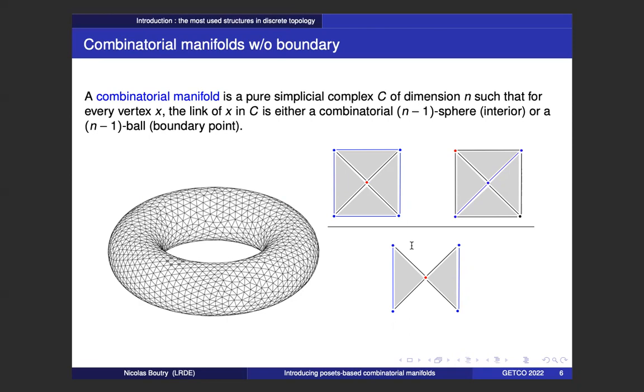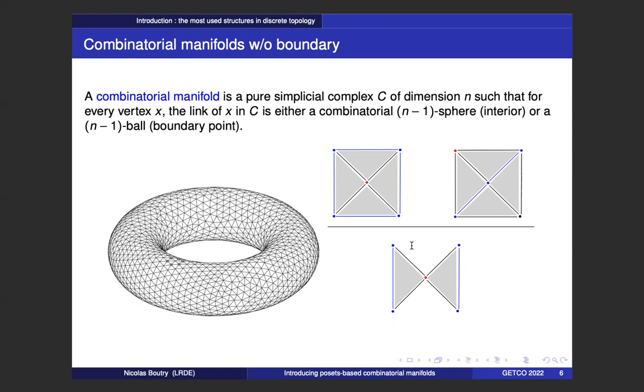For example, in this case, you take the red point, you do the link in the simplicial complex, we see that it is a simple cycle. It means that it is an interior point. It is a one sphere.